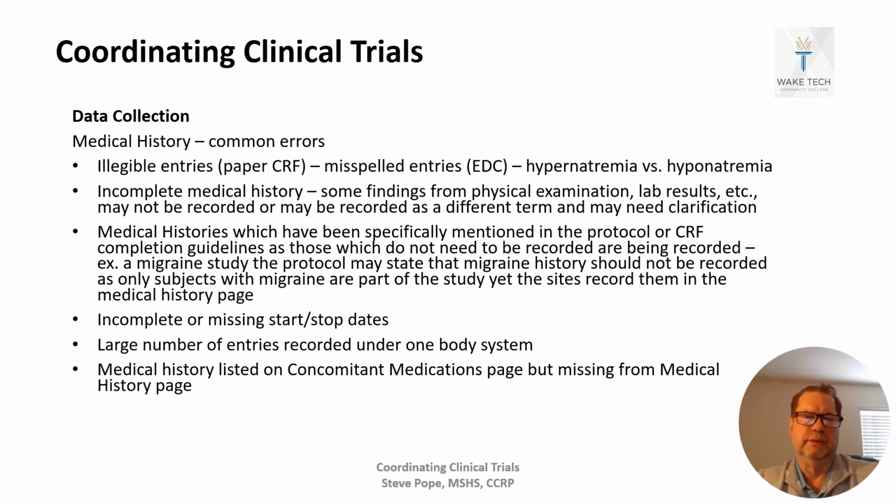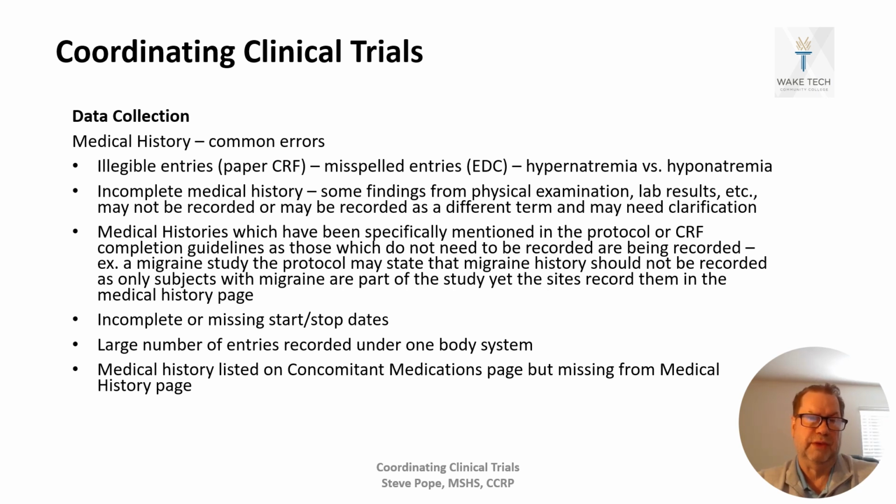And then we generally see a large number of entries recorded under one body system. That can flag an inconsistency, so we want to take a look at those, and that can sometimes be a very common error. And then finally, medical history that's listed on a concomitant medication page but is missing from the medical history page.